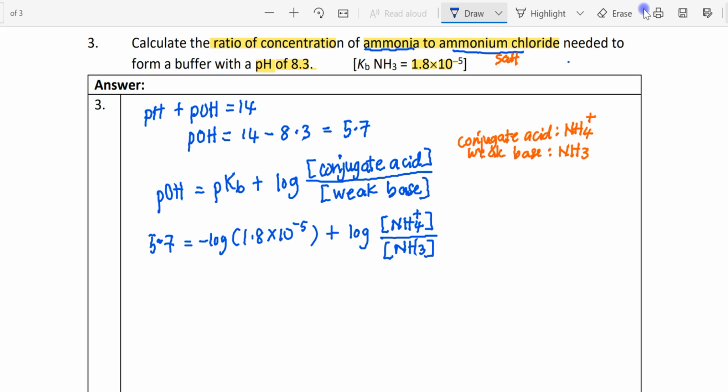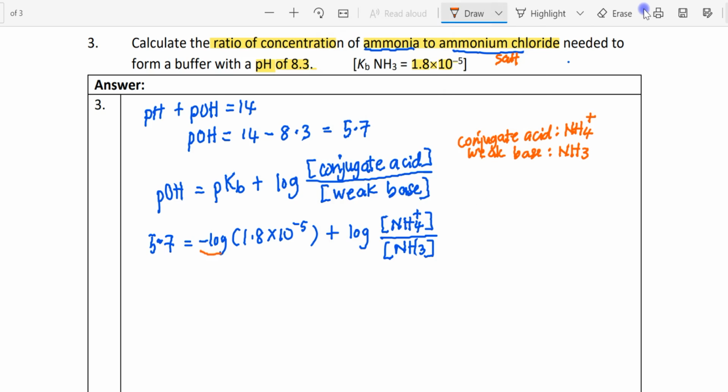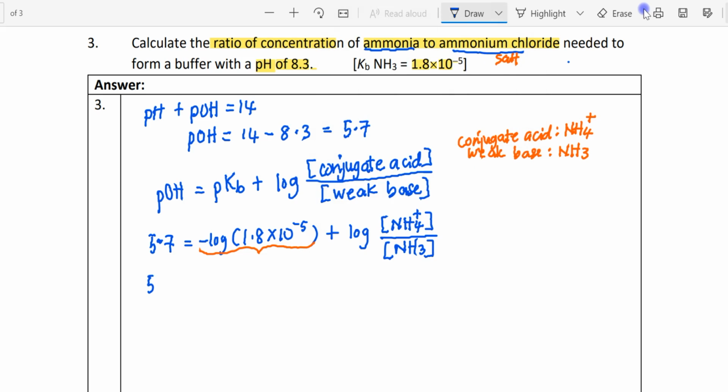For the next step, you have to solve the value of negative log Kb. Find out the values. From here, we will get 4.7447. Next, move 4.7447 from the right side to the left side, so you will get it like this.